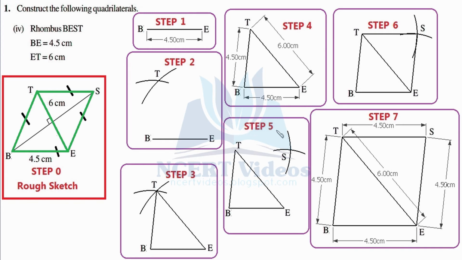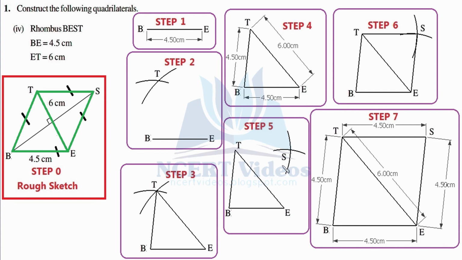In step number 5, we try to find this point S, which will be at a distance of 4.5 cm from vertex T as well as from vertex E, because all 4 sides of this rhombus are equal to 4.5 cm. So we shall readjust our compasses at a distance of 4.5 cm and put our needle at T and construct this arc.